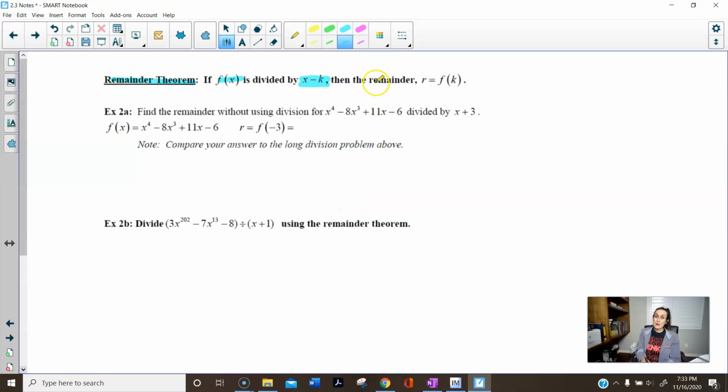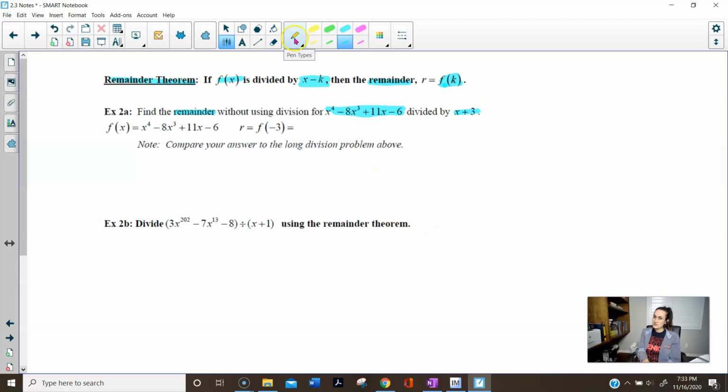Then the remainder is going to equal f of k, as if you were going to plug that number in. So let's look at this. Find the remainder. So just looking at the remainder only. If you're using division and you're going to take this polynomial and divide it by x plus 3.